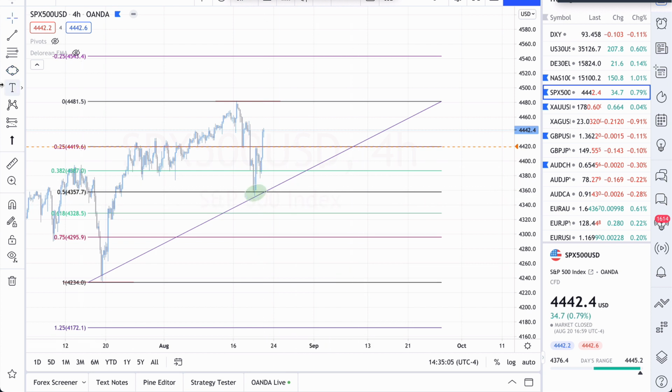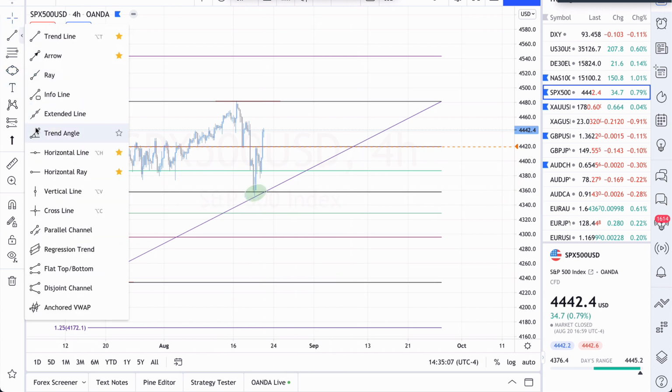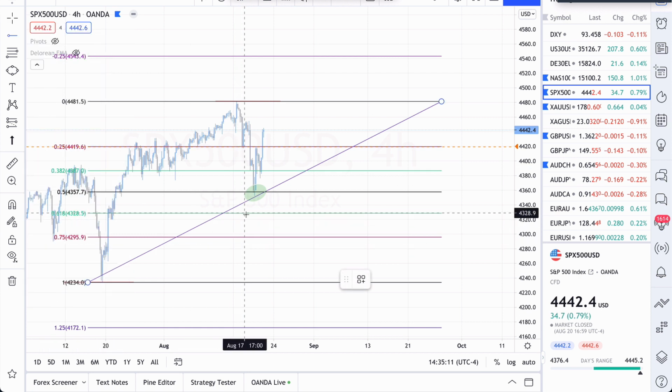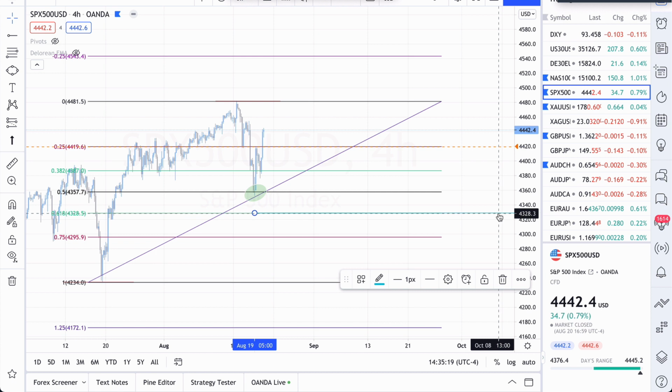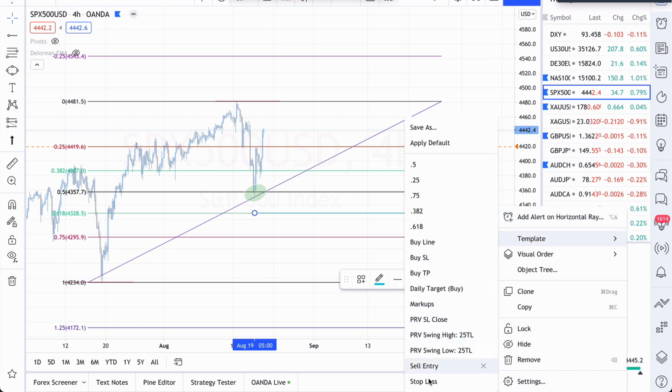Here's my entry. Watch this. In this case, because 0.5 was its area to take off, the 0.618 will become my stop loss.